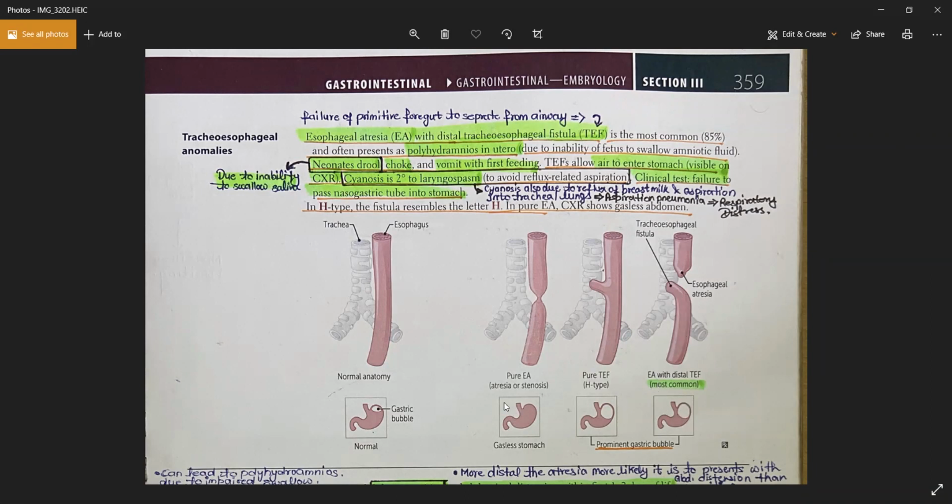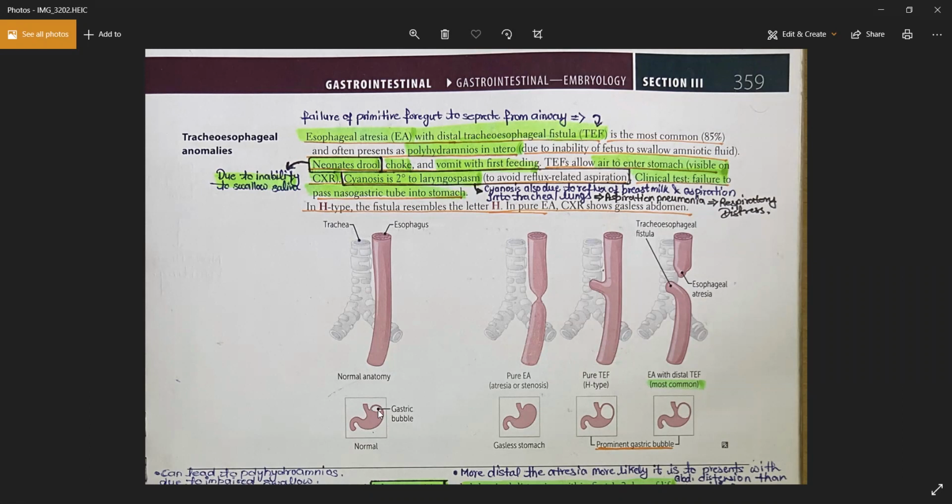In case of a pure esophageal atresia type, as you can see, nothing can pass through this esophagus, not even air. So you won't have any air in the stomach. A gasless stomach will be seen on the X-ray. While in a normal scenario, some amount of air sometimes passes through the esophagus, which forms a gastric bubble.